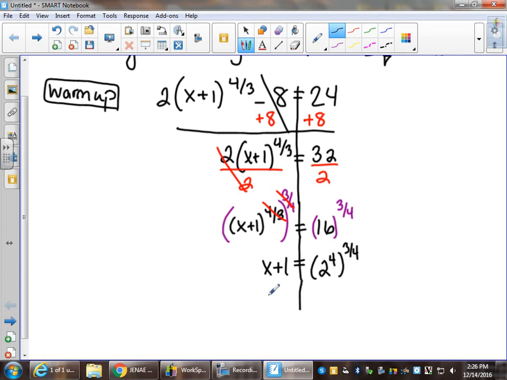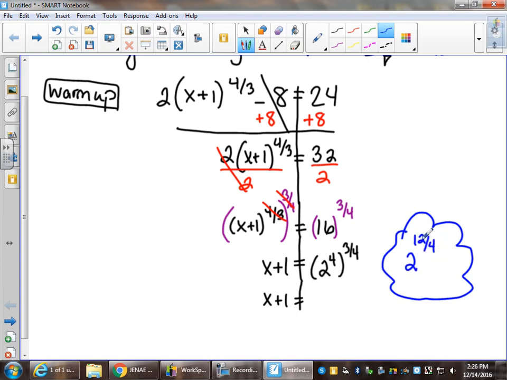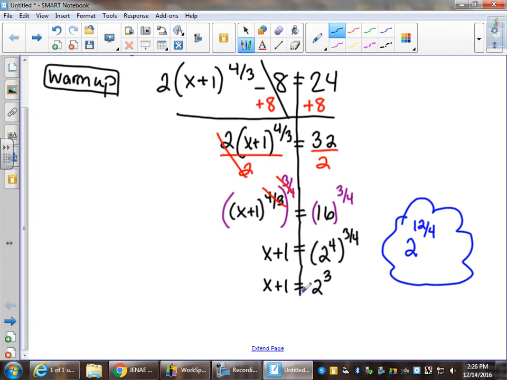x plus 1 will chill out for a sec over here because I can work on this. I'm going to put a little mental bubble. That becomes 2 to the 12/4. 12 divided by 4 is 3. So this is 2 to the 3rd. That becomes x plus 1 equals 8.